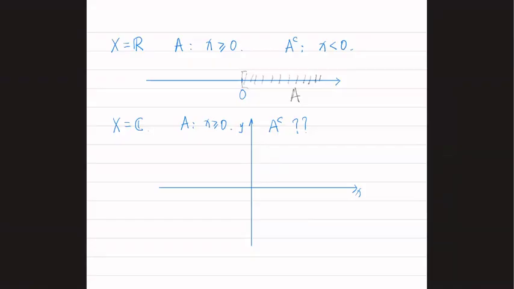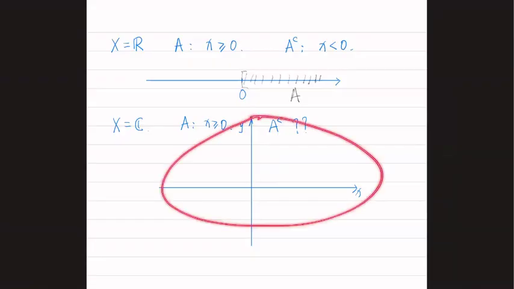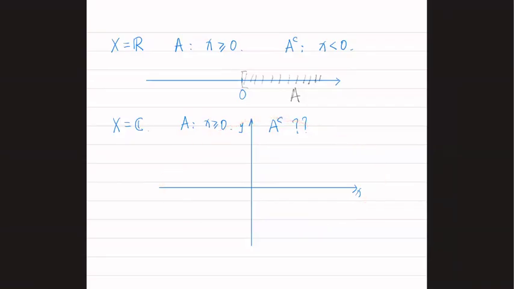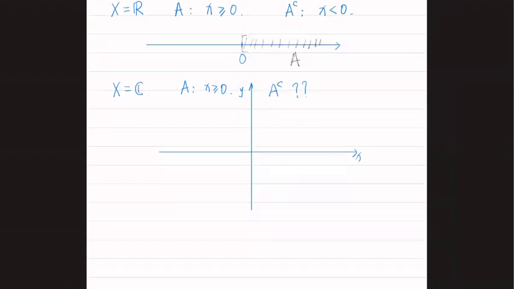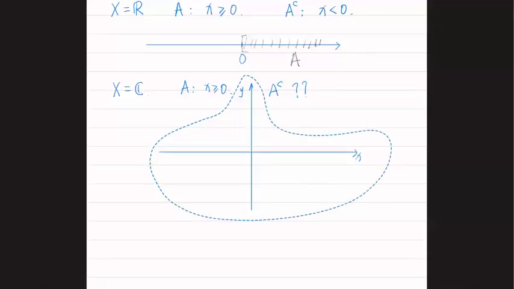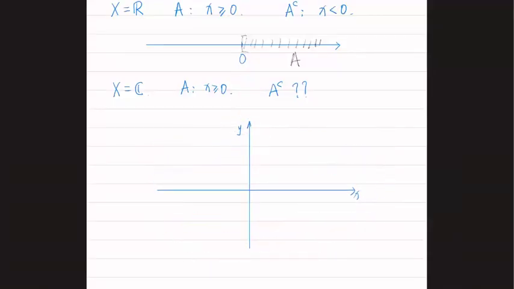Jessica, could you show this on the graph? So this is the complex plane. So this is set A. How do you draw this set A? This time, A consists of the same thing.